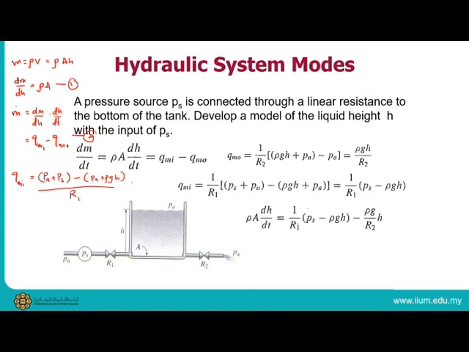If you simplify this, you get Ps minus rho g h over R1.